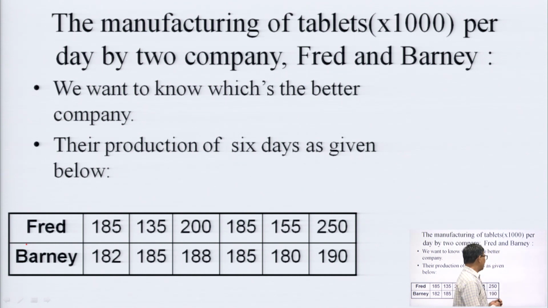If we take another example, for example X, and the production for this is 180, 180, 180, then we say it is uniform. So, there is a lack of uniformity in the data of Fred's company and Barney's company, and this lack of uniformity is known as dispersion.